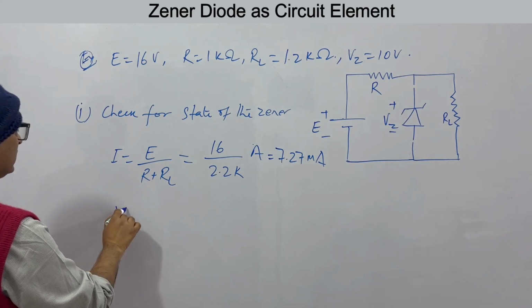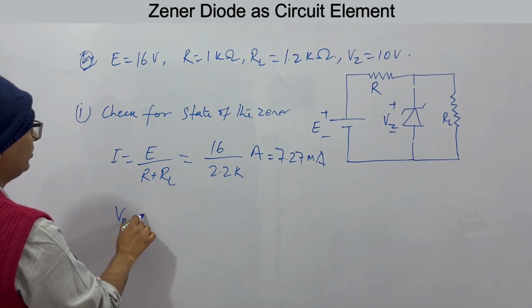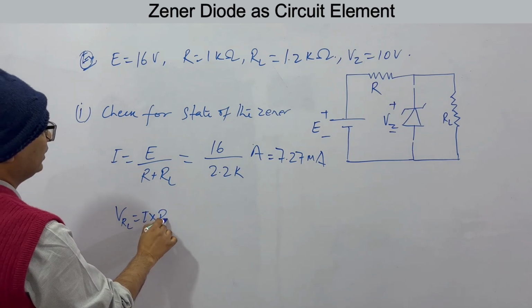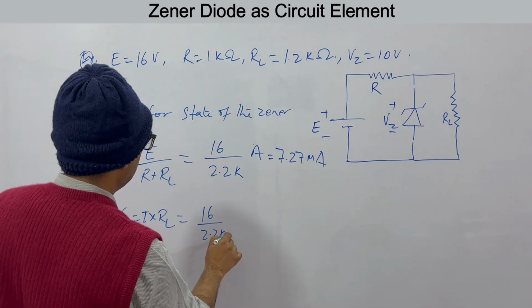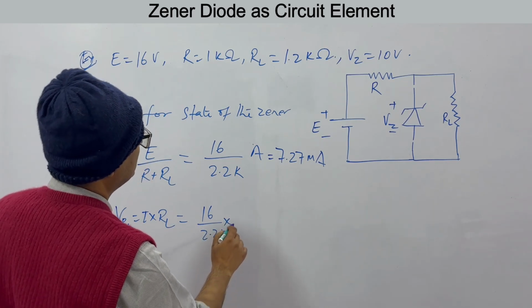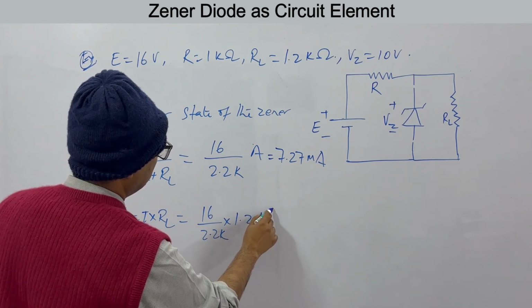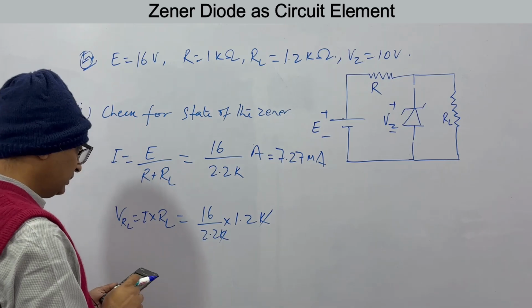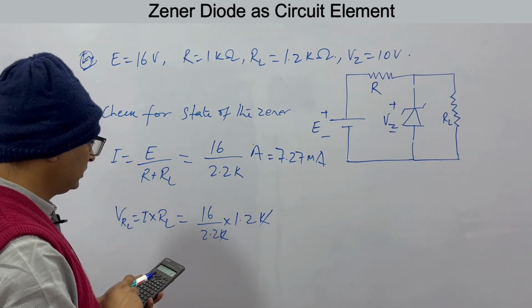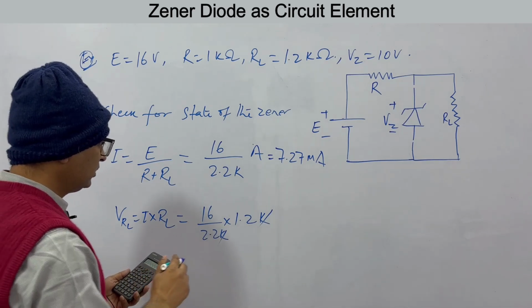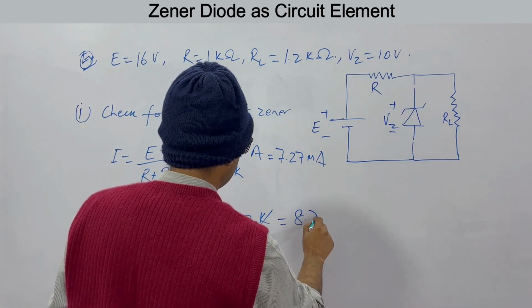So what is the voltage drop across this point? That is, the voltage across RL will be I into RL. I is 16 by 2.2 K, and RL is 1.2 K, so K cancels. So this is 8.72 volts.